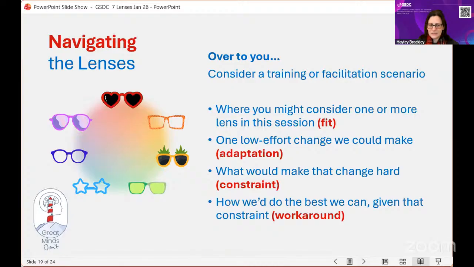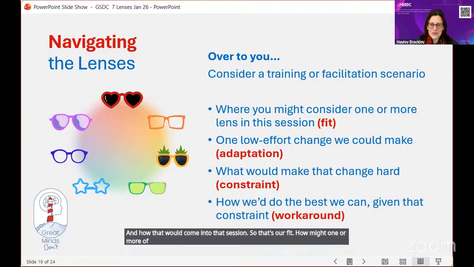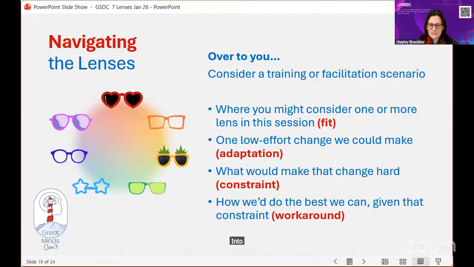So I want you to have a think now and consider a training or facilitation scenario. I want you to think about one or more of those lenses and how that would come into that session. So that's our fit. How might one or more of those lenses fit into that session?